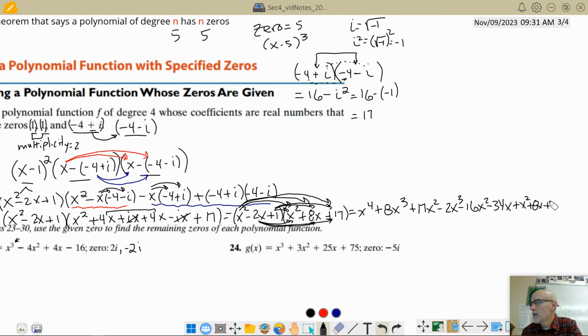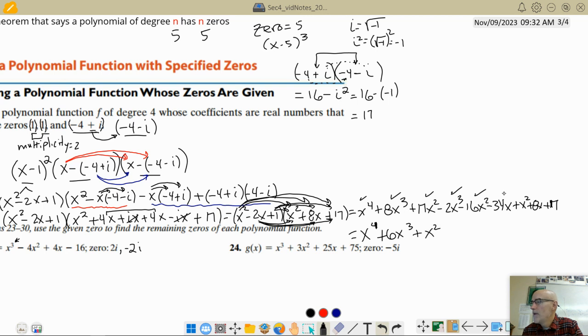Plus 17. Okay, so where are the like terms? We only have one term that has an x to the 4th in it. Then 8x cubed minus 2x cubed is 6x cubed. Then I've got 17x squared minus 16x squared, which would be positive x squared.